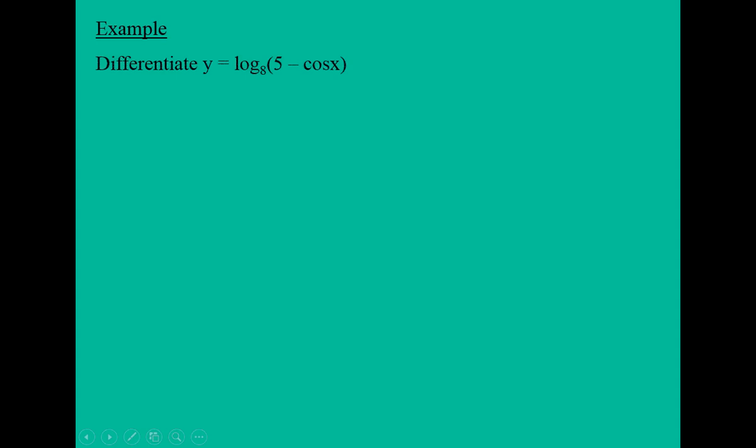Differentiate log base 8 of 5 minus cosine of x. Inside function, g of x equals 5 minus cosine of x. f of x equals log base 8 of x. Now f prime of x. Now if you think about, we did this a couple of slides back.